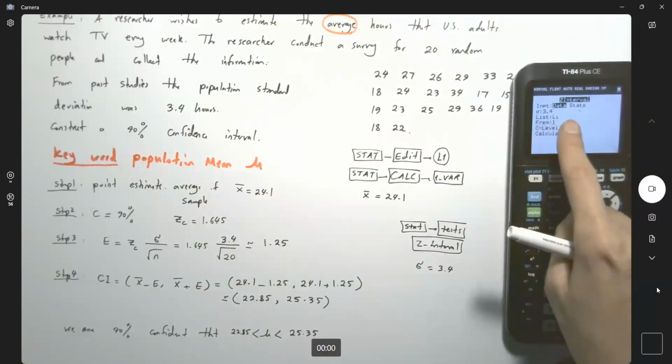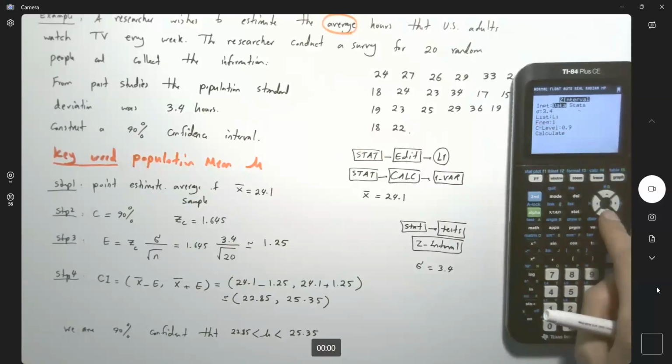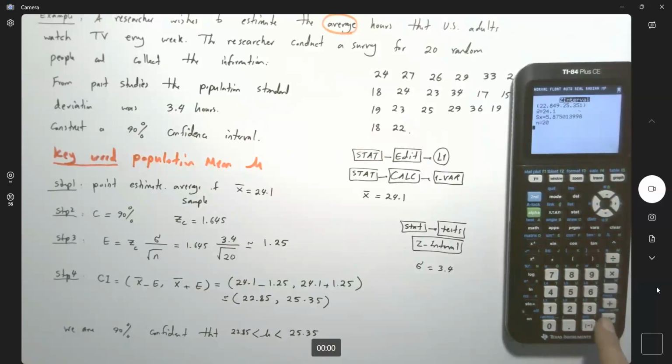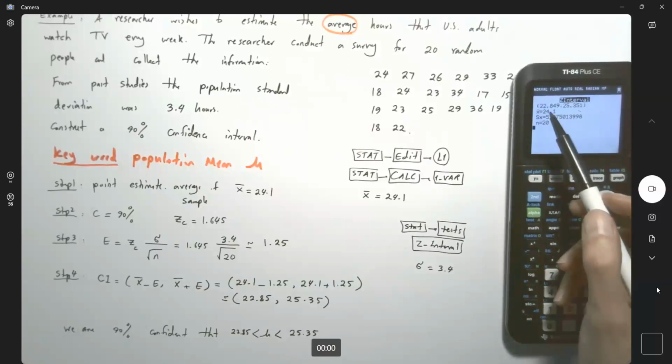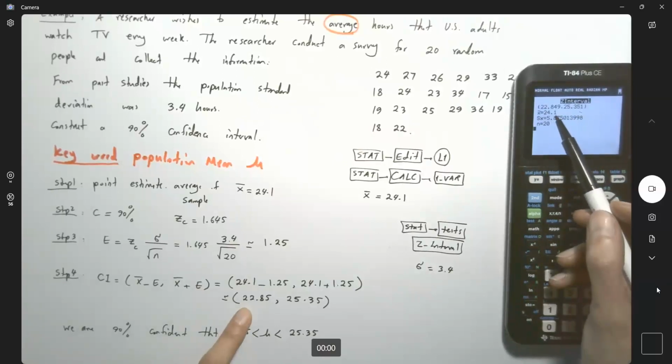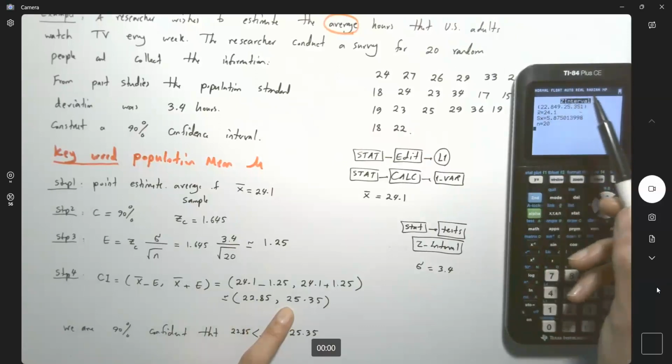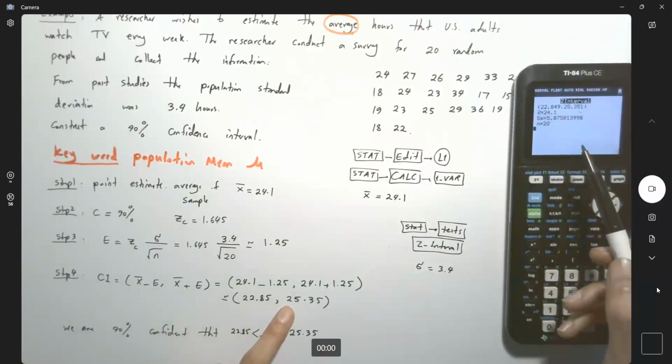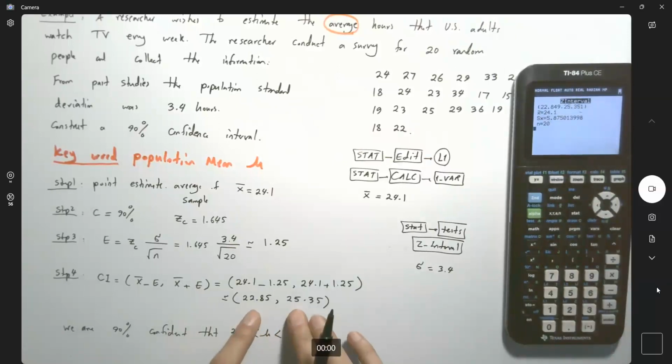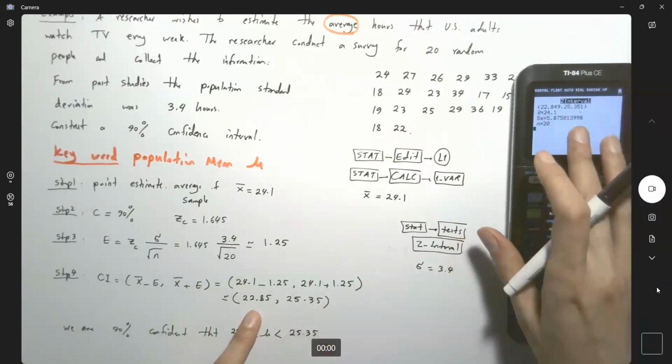All our information is written in L1, and our level of confidence is 90%. So let's see what do we have here. Okay, perfect. It calculated everything for us, 22.85 and 25.35. So as you can see, our confidence interval calculated by our calculator is very accurate, and our computations here are also the same.